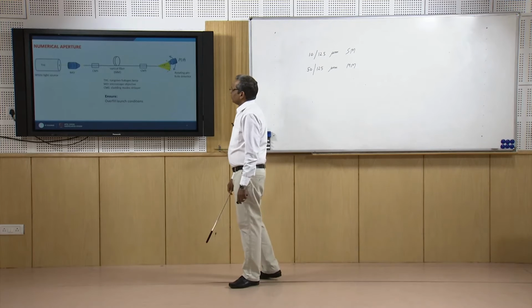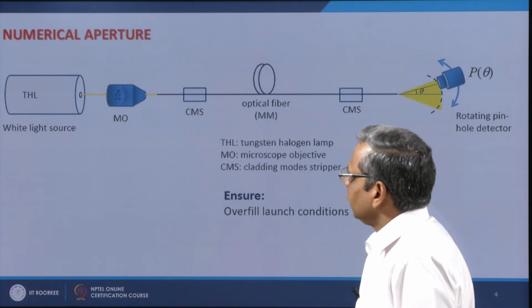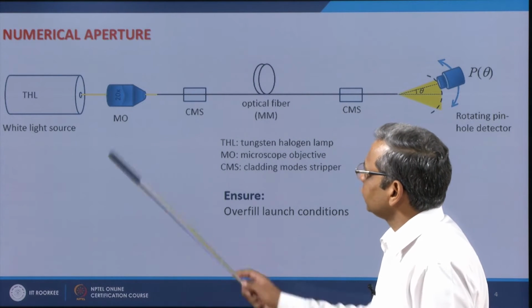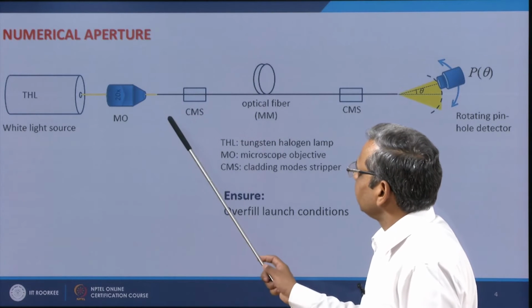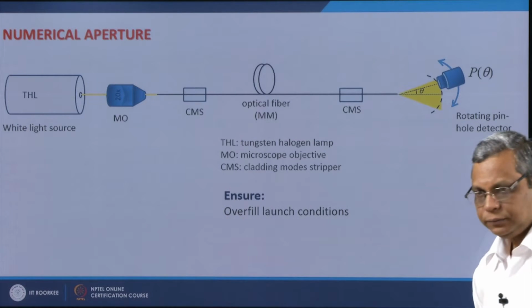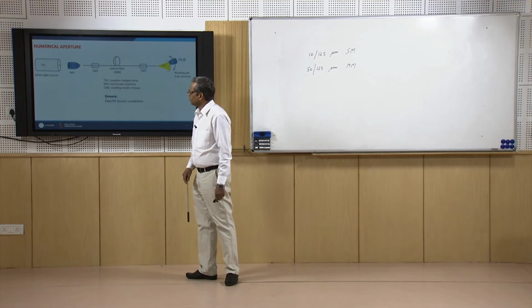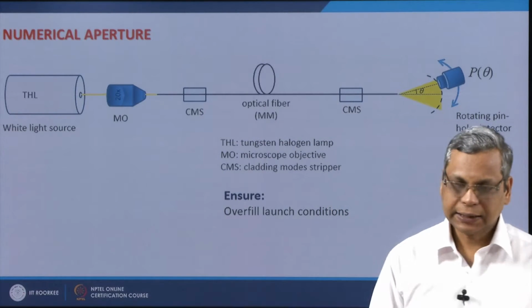So, you take a multimode fiber and use a white light source, and using this white light source you launch light into this fiber using a microscope objective of sufficiently high numerical aperture. This microscope objective simply works as a lens.